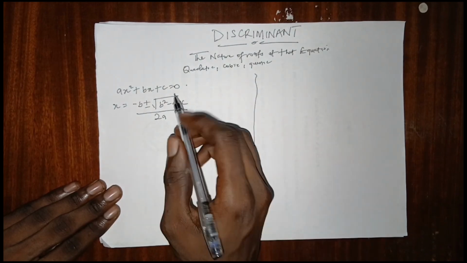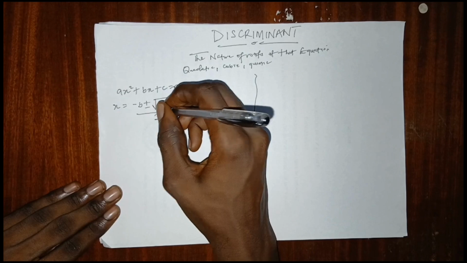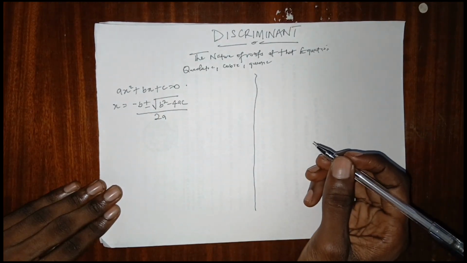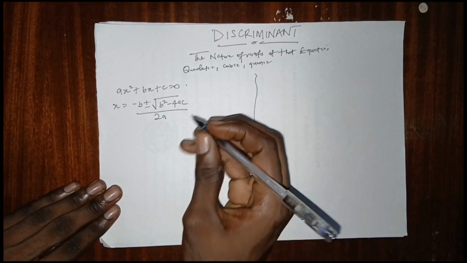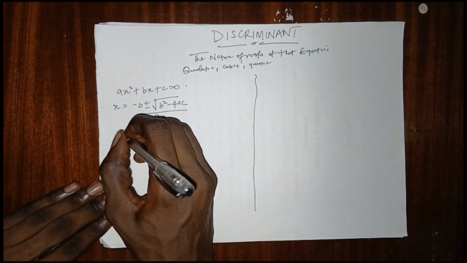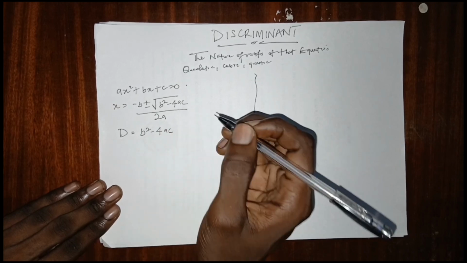So the area under the square root determines the root of the equation, whereby D is equal to b squared minus 4ac.